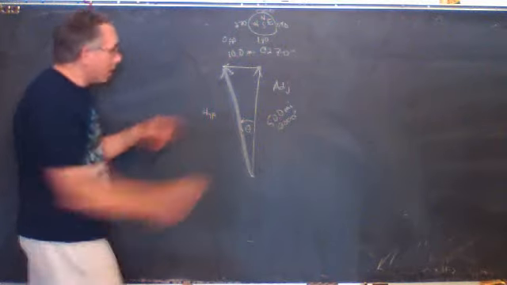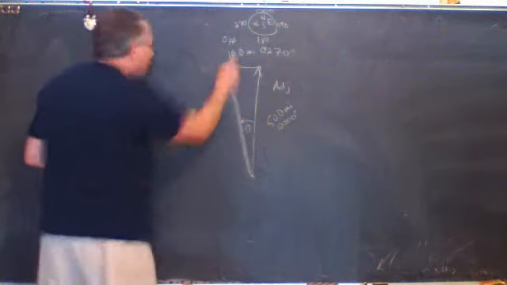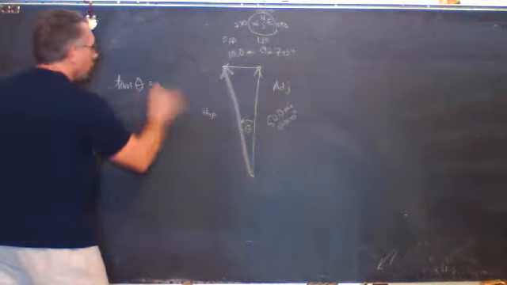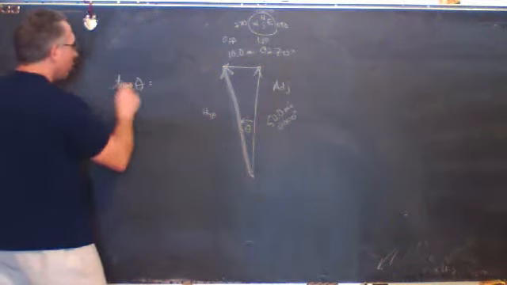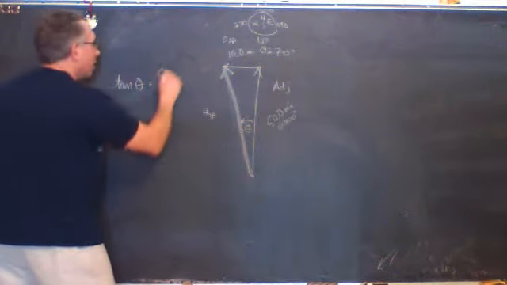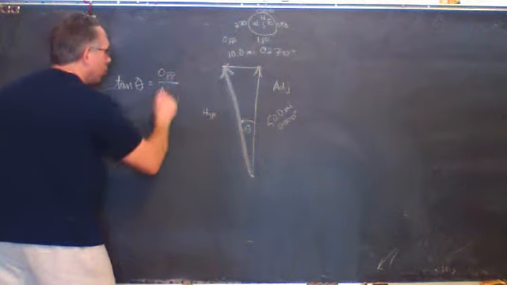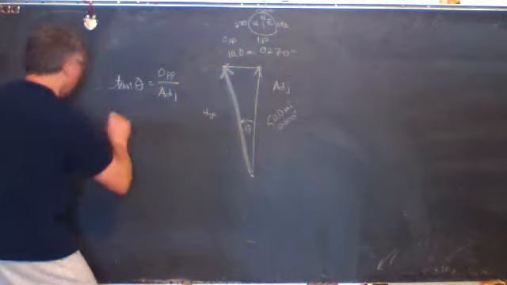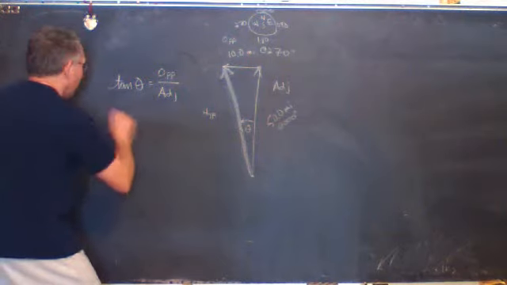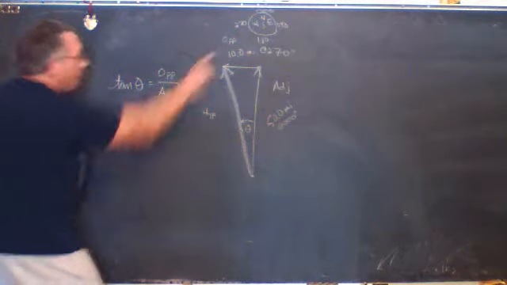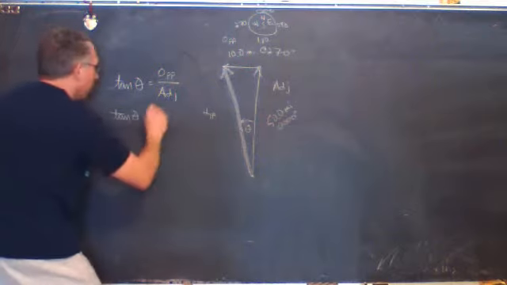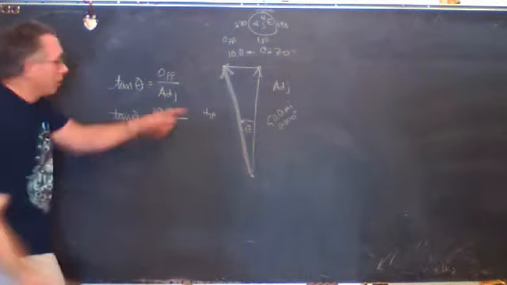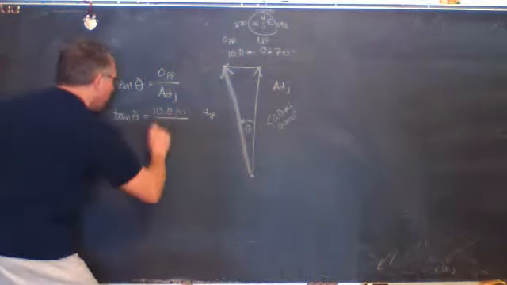But I can figure out theta because the tangent of theta is equal to, SOHCAHTOA, TOA, the opposite over the adjacent. And so I can write that the tangent of theta is equal to the opposite, which is 10.0 miles, divided by the adjacent, which is 50.0 miles.